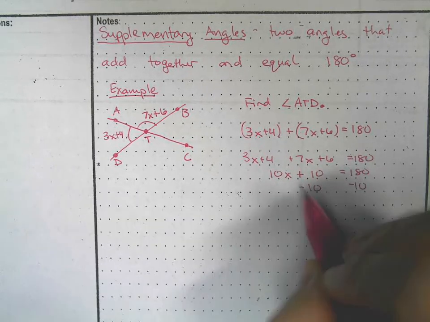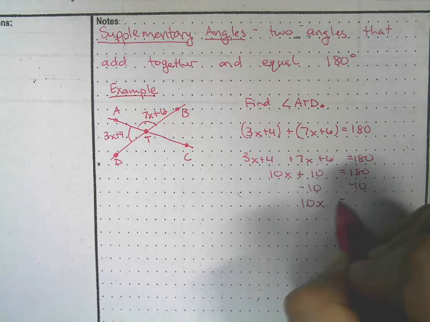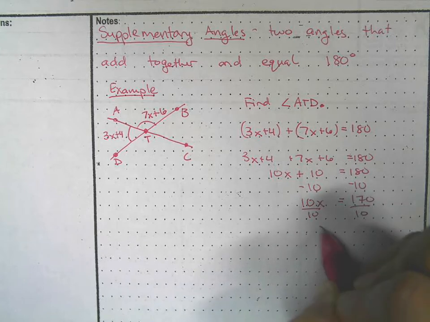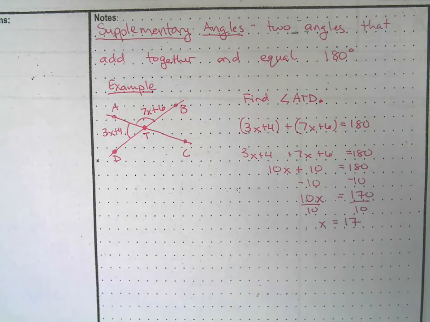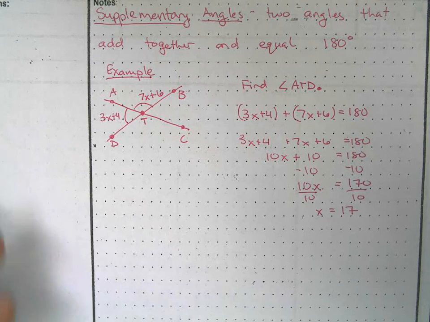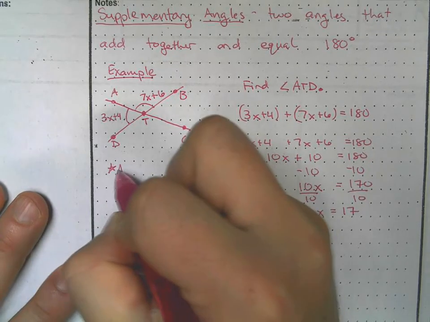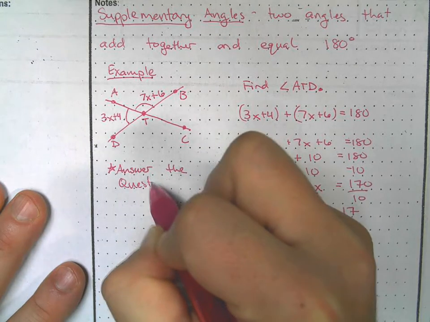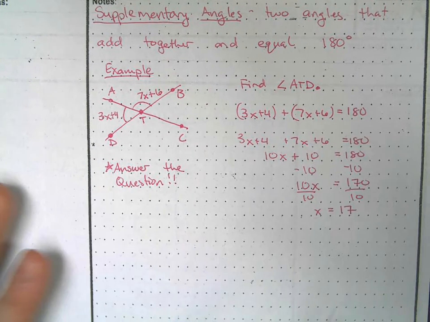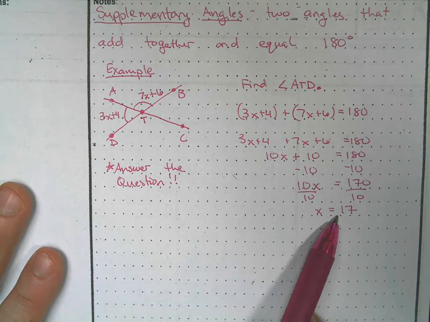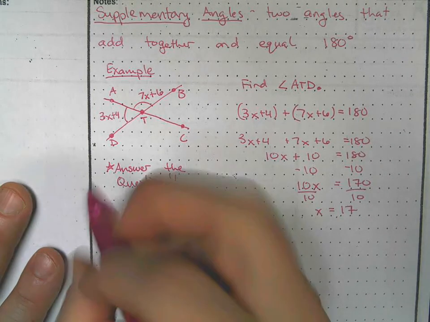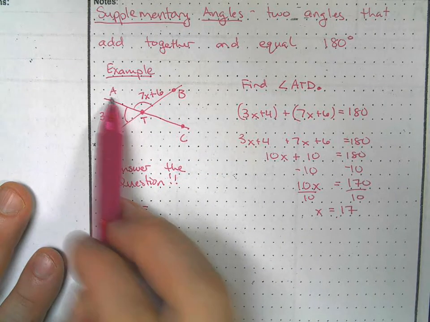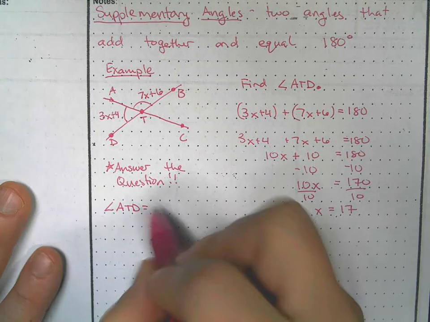Now we're just solving. I'll subtract the 10, that's the constant. And then I'll divide by 10, that's our coefficient. And we get x equals 17. Remember, we have to answer the question. We are not done when we find x. So we've got to plug x back in to ATD. So angle ATD is equal to 3x plus 4.